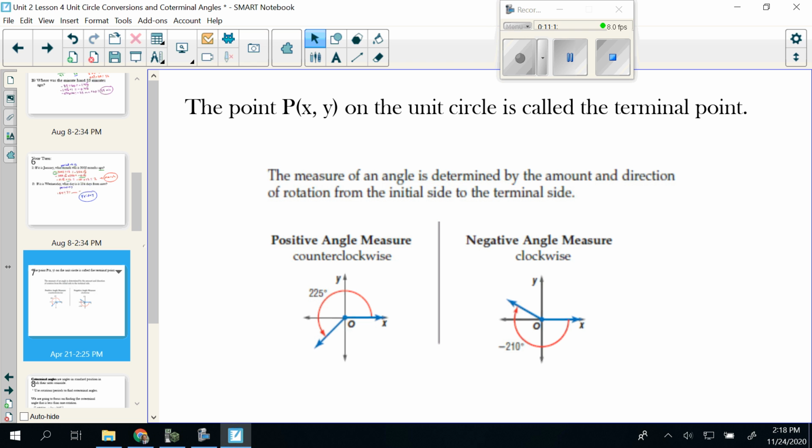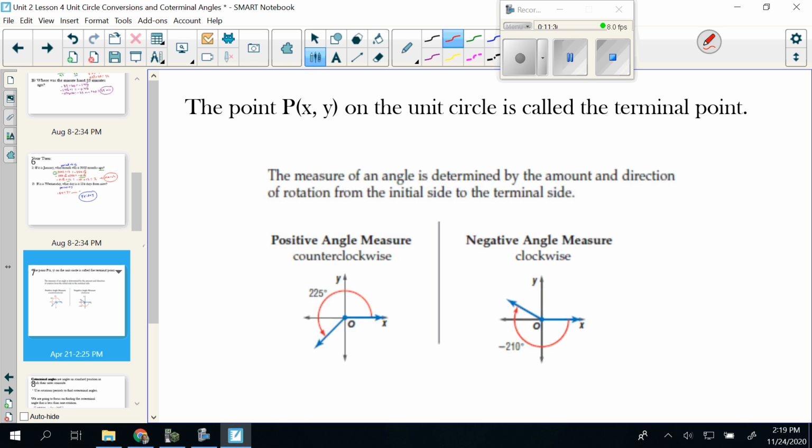All right. The point here, P, which is any point's going to have an XY value on the unit circle, is called the terminal point. So your terminal point is where it ends. So the measure of an angle is determined by the amount and direction of the rotation to the terminal side.